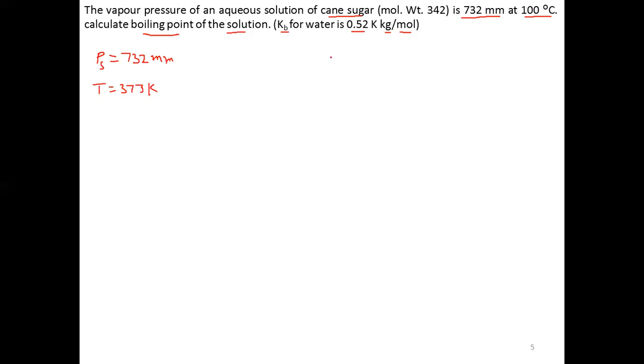Here one thing I want you to notice is that there is no need to change the unit, because for delta Tb, 0.52 Kelvin and 0.52 degrees Celsius are the same. Whether it is in Kelvin or degrees Celsius, it will have the same value.